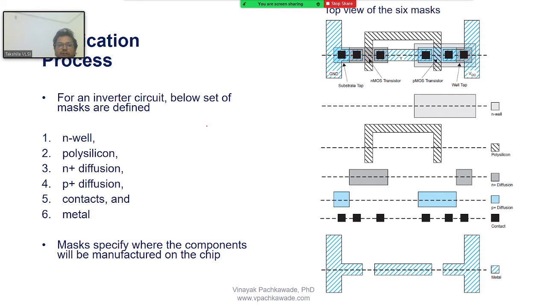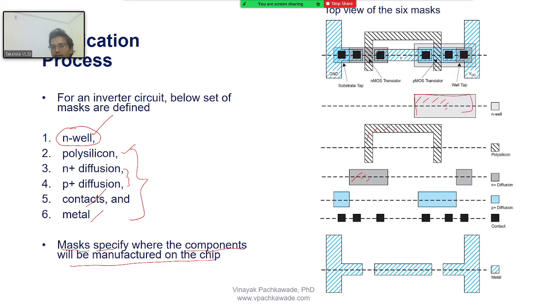And again, how many things? Only the N-well out of this we have successfully created. Now the remaining steps are to be repeated to fabricate polysilicon, to define them, to fabricate diffusion regions, to fabricate contact and metal. So how to do that? Again, use the mask which will specify where these components will be manufactured on the chips. And look, their placement is basically deciding where each of these components goes.